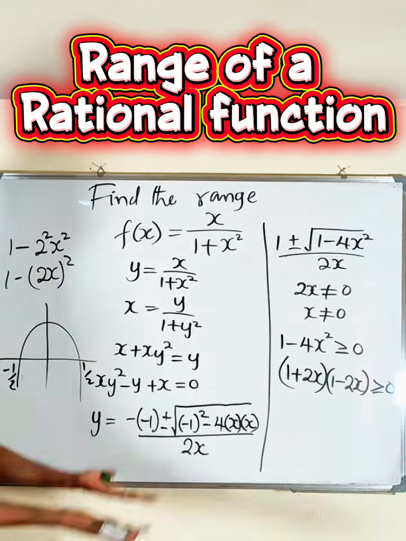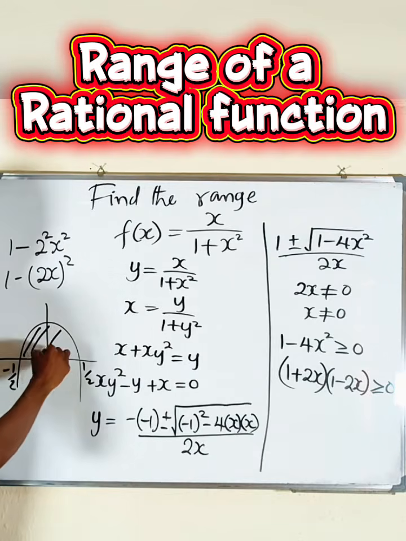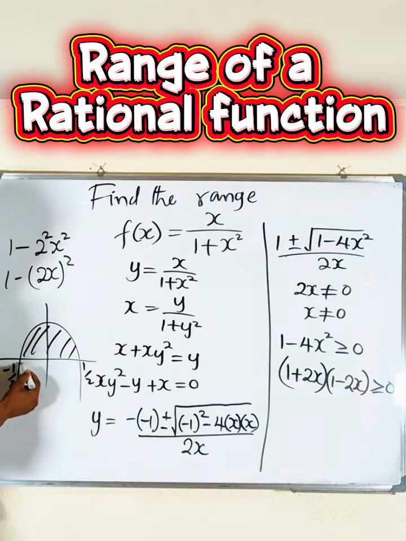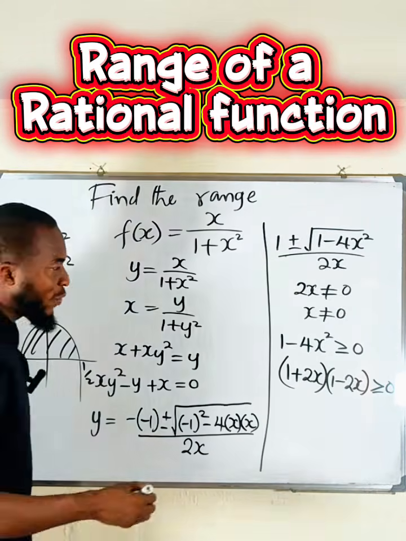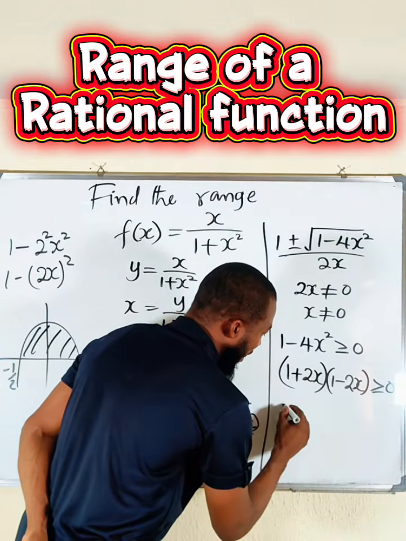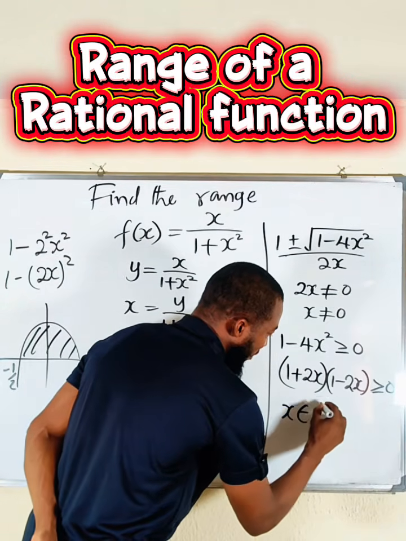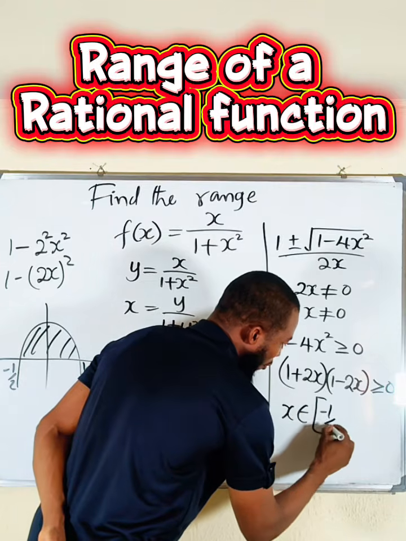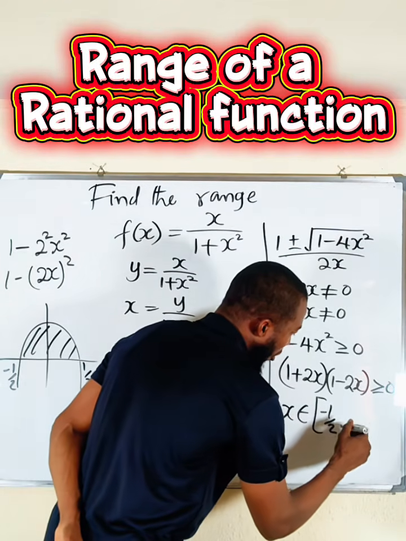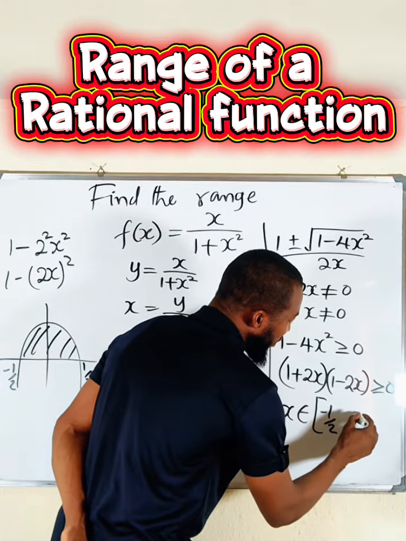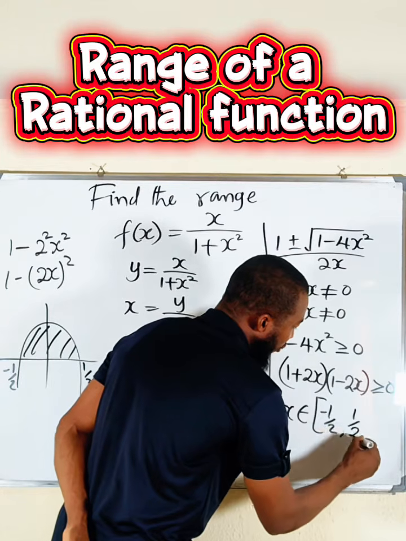And we're talking about greater, everything to the top. So you can see the interval is from negative 1 over 2 to positive 1 over 2. And hence, x belongs to the set of values from negative 1 over 2 down to positive 1 over 2.